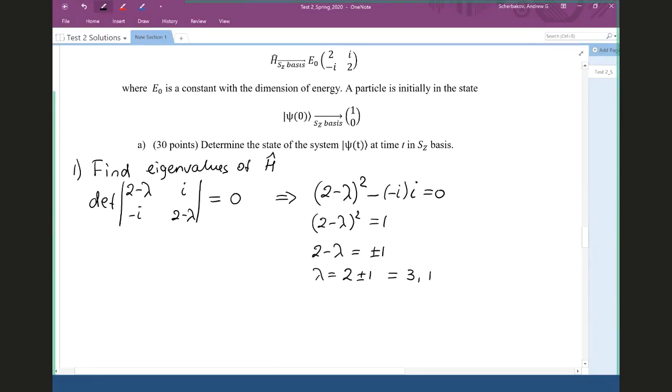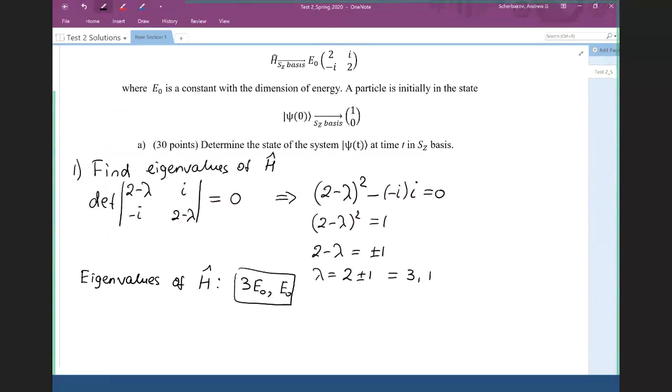So what are the eigenvalues of the Hamiltonian? Well, here you go. Eigenvalues of the Hamiltonian are 3 E naught and 1 E naught. Remember that our Hamiltonian has some constant that multiplies this matrix, and we factored that constant out when we calculated the eigenvalues of this matrix.